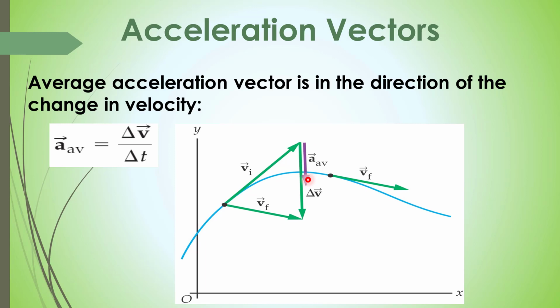Most of these vectors are not in your book, but you should know about them: where these vectors are directed and how we indicate them. These are basic vectors which you should know.